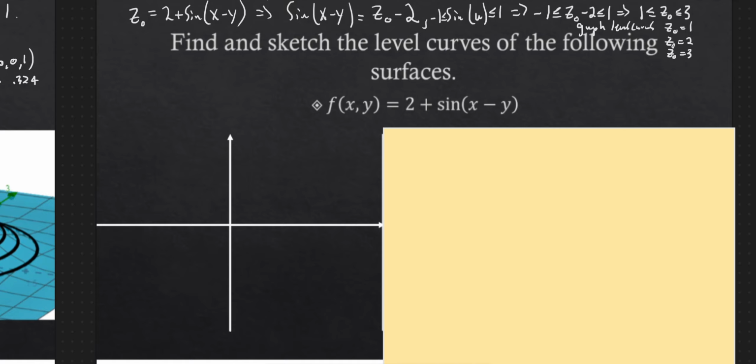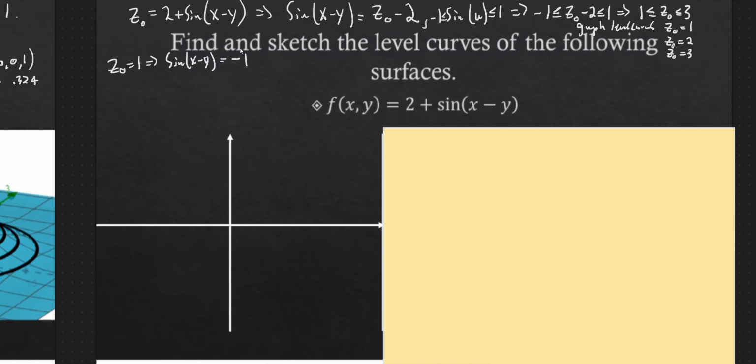All right, so z naught equal 1, I'll get sine of x minus y equal 1 minus 2. So when z naught equals 1, we'll get sine of x minus y equal to -1. And now I have to ask myself, all right, well, how do I solve this? How do I figure out this curve in x and y?